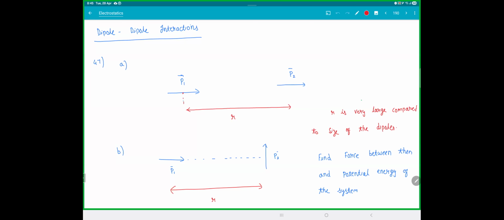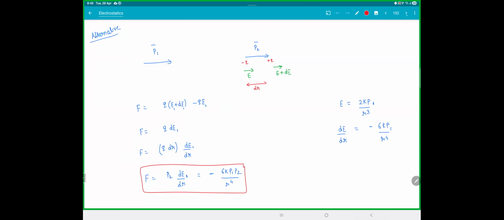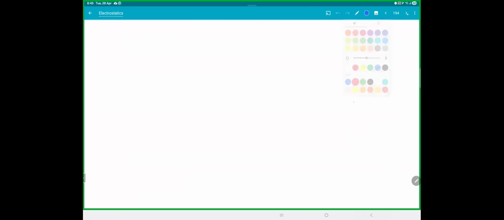Okay, let's see. You guys are still struggling with this. But this is a pretty good one. You should definitely try this on your own.